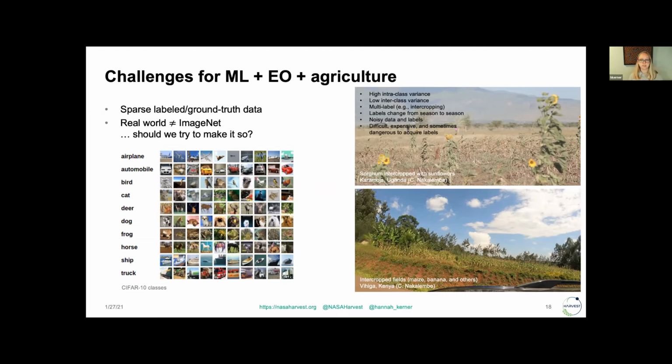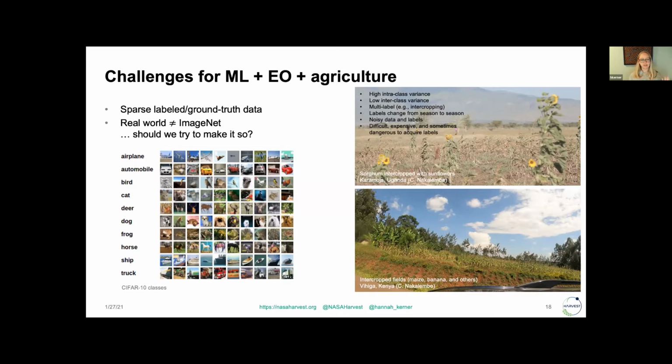So we have this dynamic aspect to our labels, in addition to a lot of noise that's involved in crowdsourcing or field data collection. And finally, ground truth labels can be difficult and expensive to acquire and sometimes even dangerous. So I also sometimes question the ethics of trying to collect very large datasets when it's not very accessible to do so.